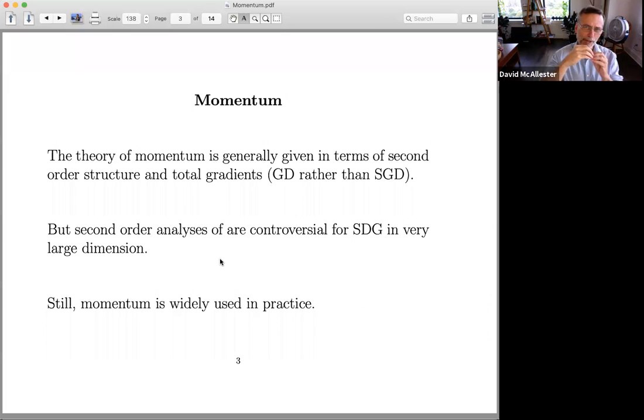But these theorems involve the second order, the curvature of the loss function. And second order analyses in deep learning are somewhat controversial. It's not really well established that second order methods or second order analysis is important in deep learning and very high dimensional applications of SGD. Nonetheless, when you go to PyTorch or you read papers, momentum is often used.